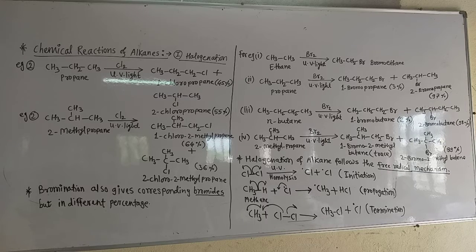Odd electron means only one electron on them; that is called a free radical, because the negative ion contains two electrons. Two electrons means one negative charge, but here only one electron is there on the atom. They are called free radicals. These free radicals are very reactive species.